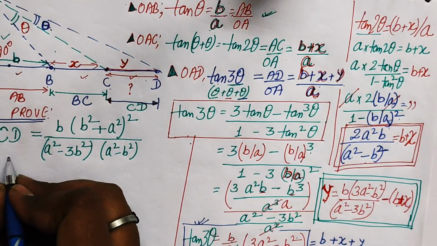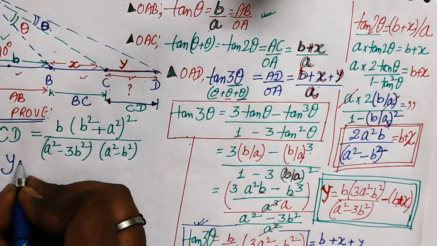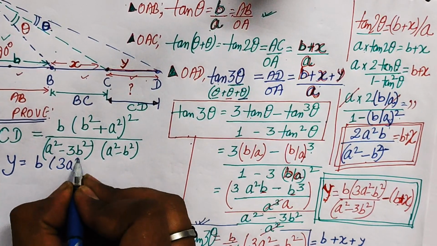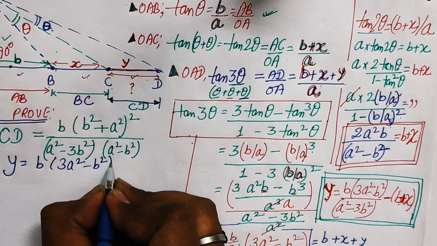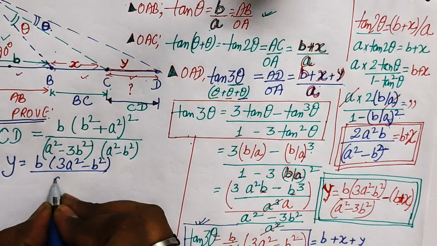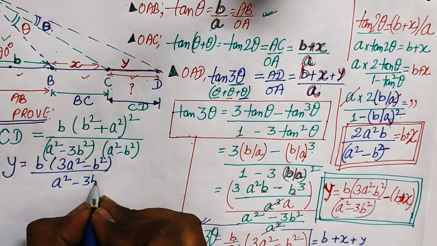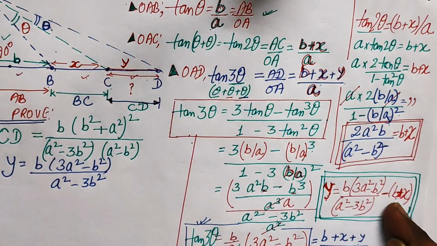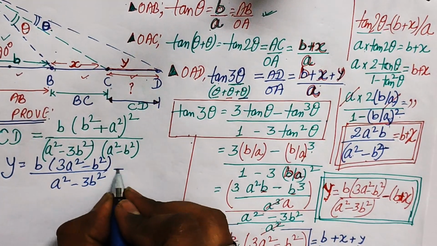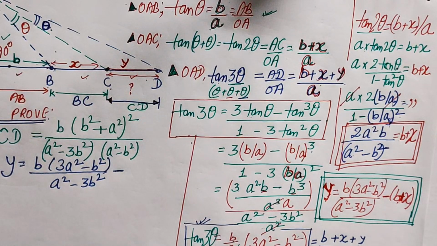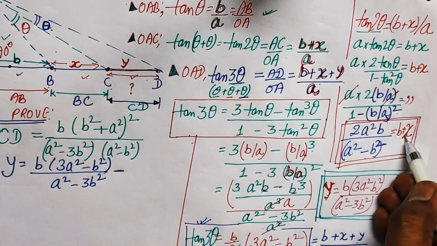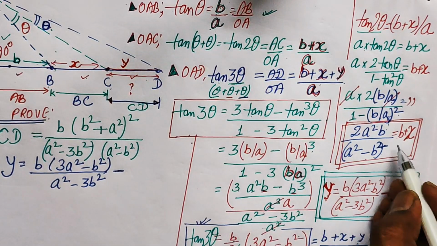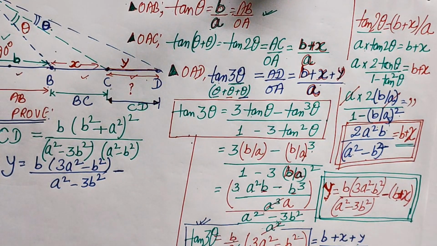So writing here, since y is equal to b times (3a square minus b square) divided by (a square minus 3b square), right? The first term minus (b plus x). So in place of b plus x, put 2a square b by (a square minus b square), this one, the value of b plus x.